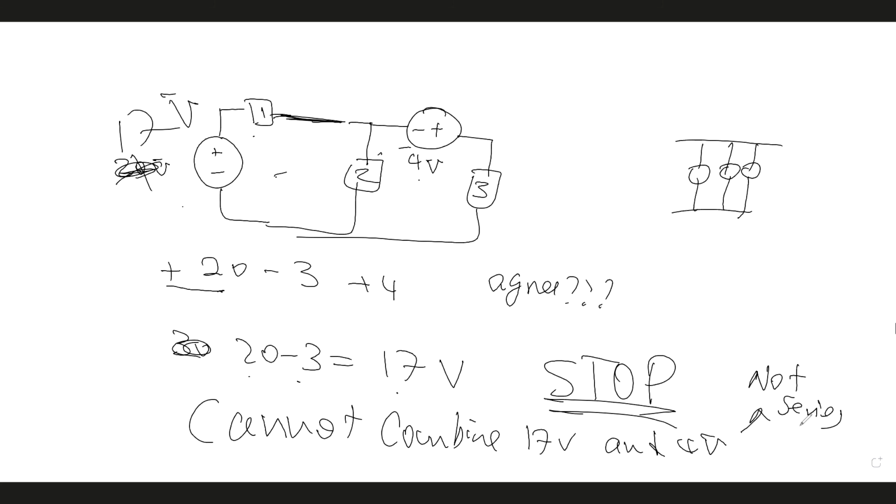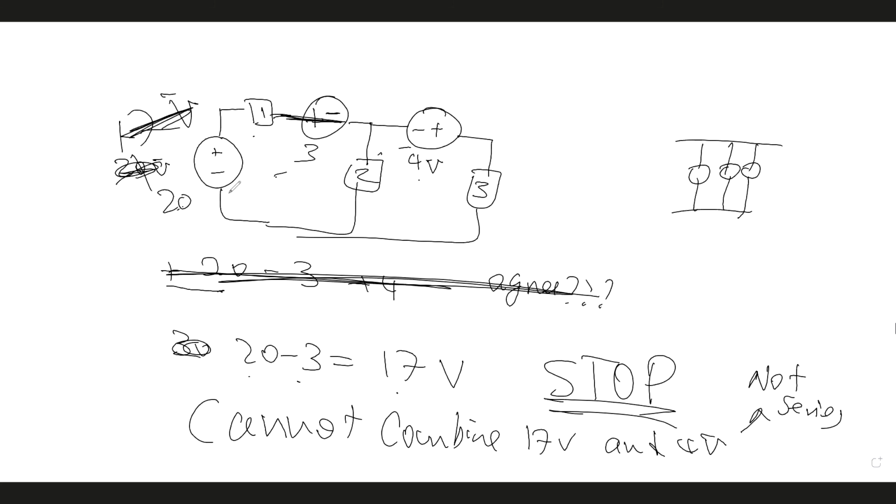Any questions? Professor, I have a quick question in regards to the 17 volts. Is it because he started on 17? Because I started on 20. Remember, we had 20 here, and we had 3 here.